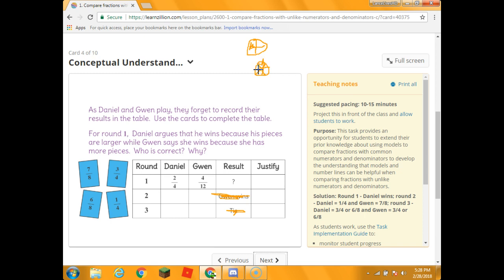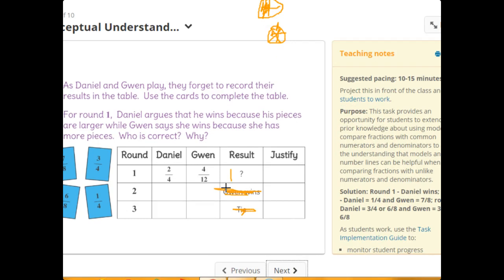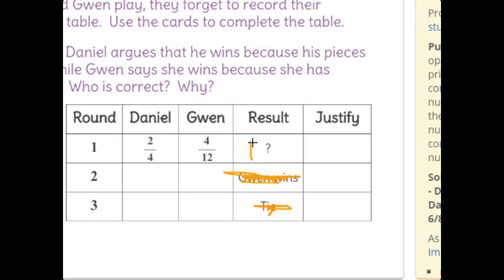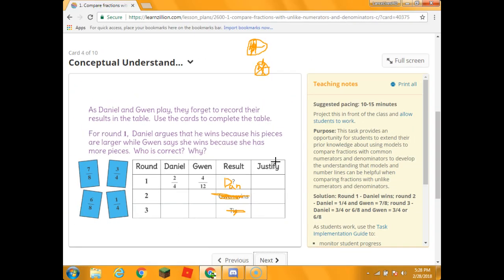So we're getting 1, 2, and he's getting 2. So Daniel wins this round because he has the larger pieces. No, he has the larger piece of the pizza. So you can see now, Gwen wins, and this one's a tie.